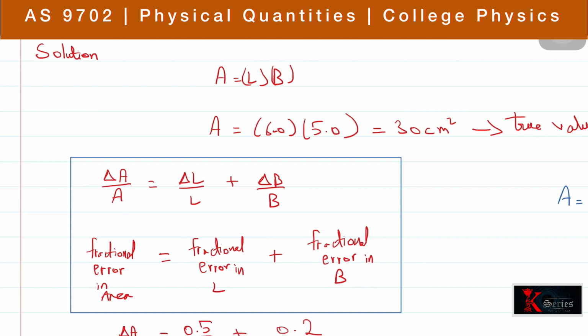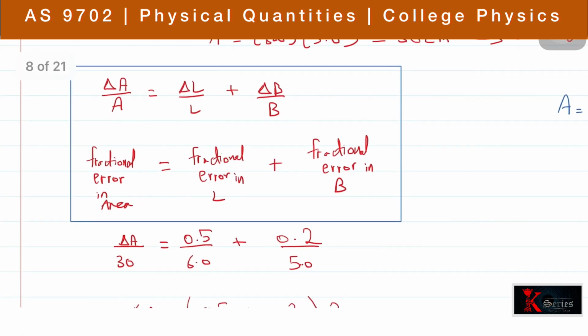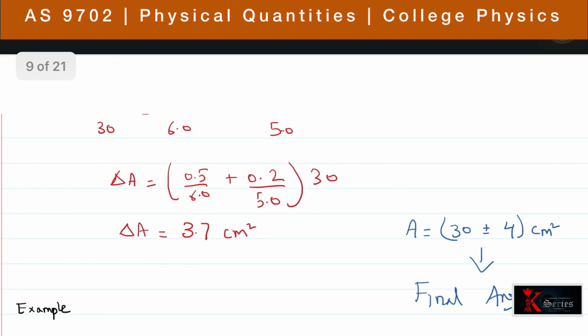And then when we find the absolute error in A, which is basically 3.7 centimeters square, we're going to write it as 30 plus minus 4 centimeters square. Why did we round off 3.7 to 4? That was because we know that we have to write the absolute error always correct to one significant figure. So 3.7 was rounded off to 4, and the answer becomes 30 plus minus 4. So this is how it works.